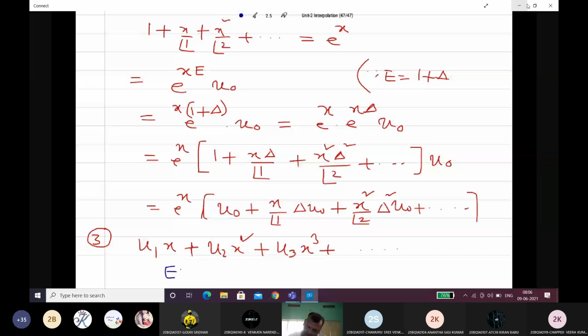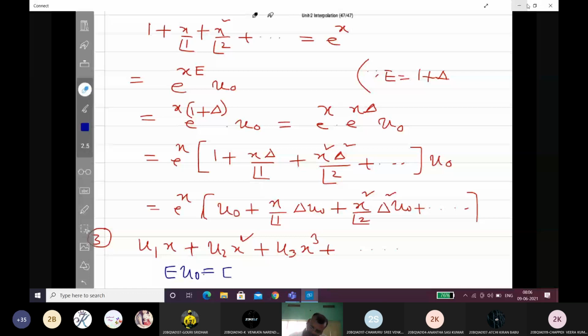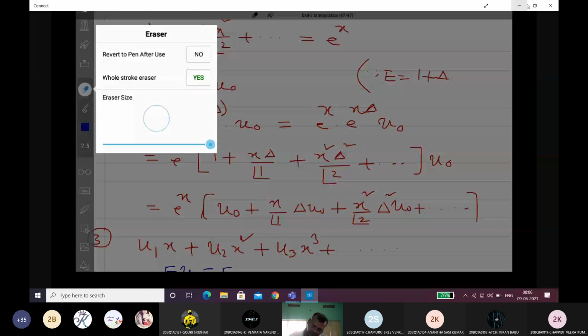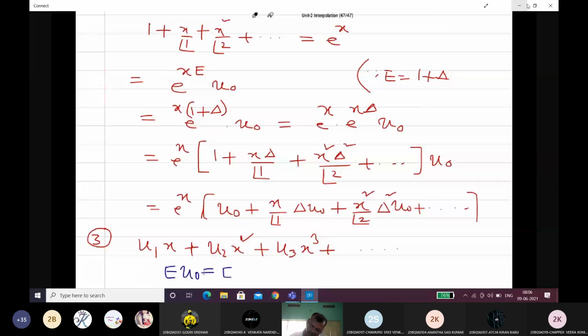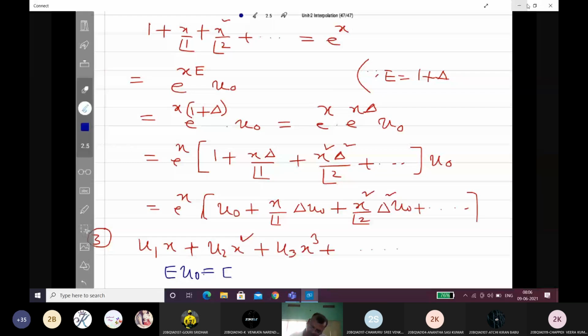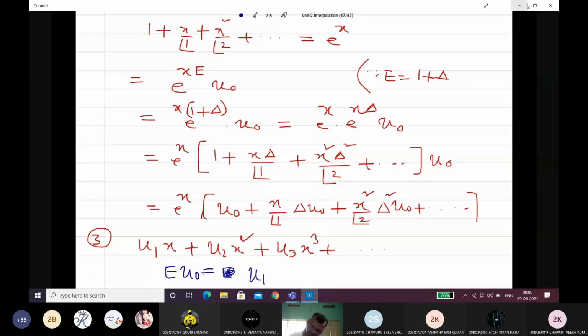E u naught is equal to u1, E square u naught is equal to u2, E cubed u naught is equal to u3 and so on. That we have to substitute in the above series.